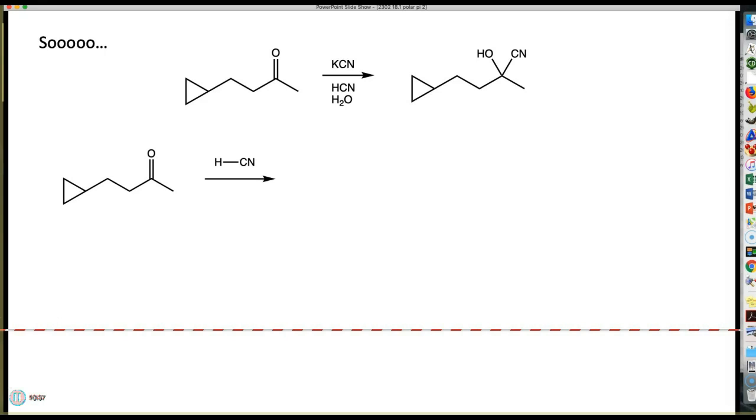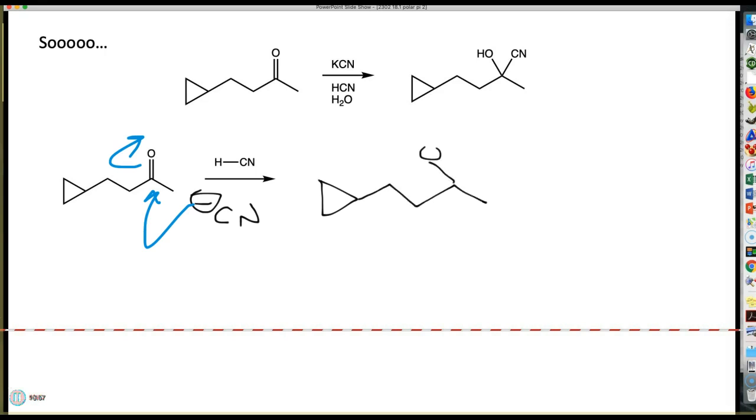No, fact of the matter is, this is just a simple old basic catalyzed reaction to give me this particular intermediate, which now can happily and much more reasonably be protonated by water or HCN.